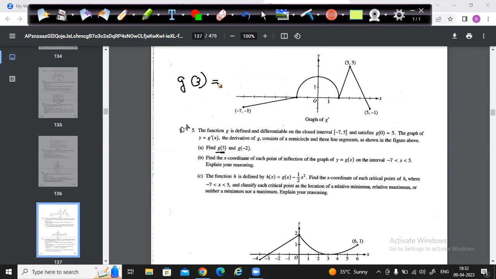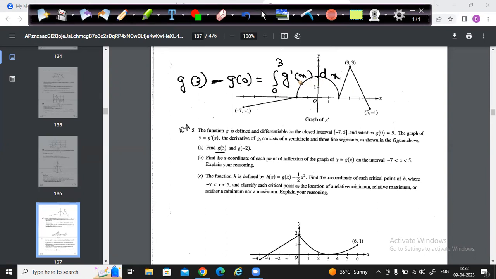So g of 3 minus g of 0 is equal to the integral from 0 to 3 of g dash of x dx. We know this according to the fundamental theorem of calculus.